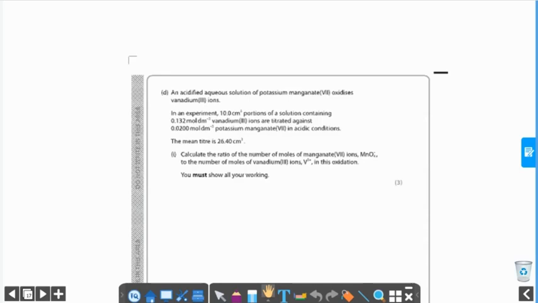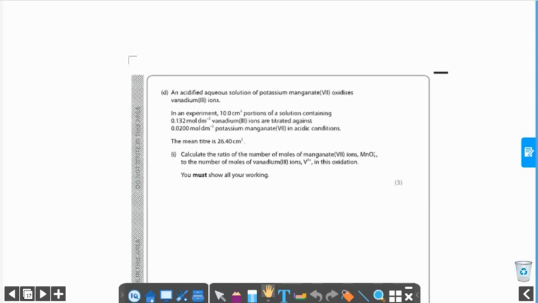In an experiment, 10 cm³ portions of solutions containing 0.132 mol per dm³ vanadium 3 ions are titrated against 0.02 mol per dm³ potassium manganate(VII) in acidic conditions. The mean titre is given. Calculate the ratio of the number of moles of vanadium 3 to the number of moles of manganate(VII) in this oxidation.